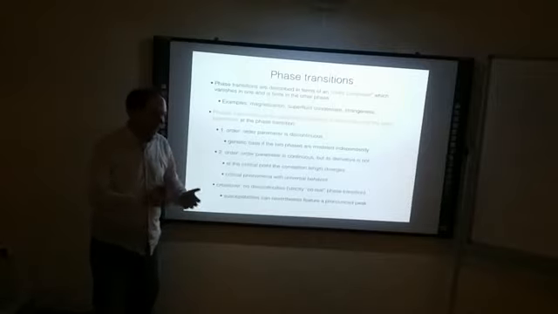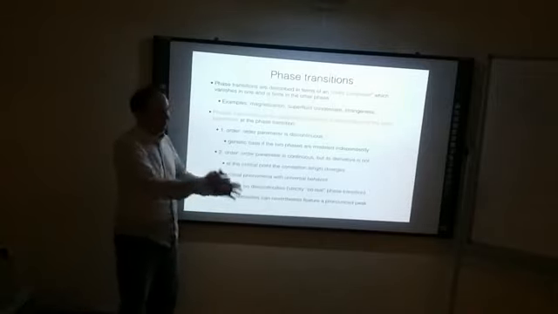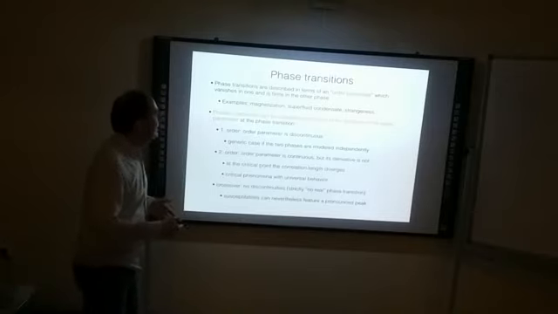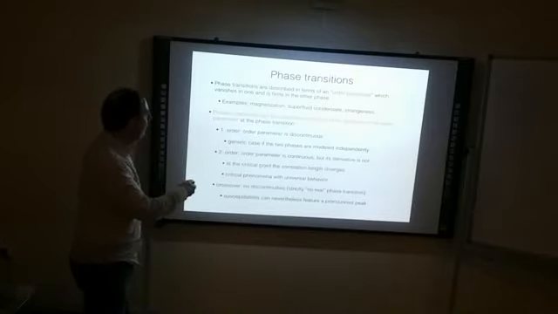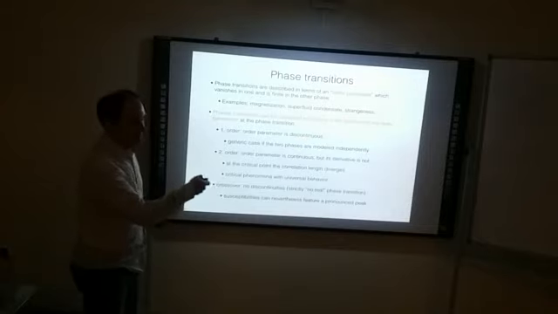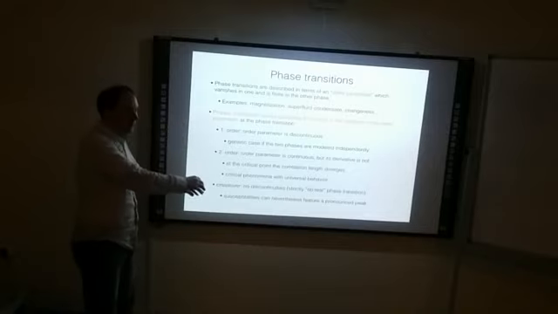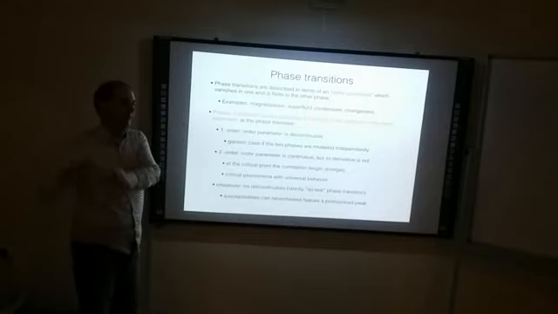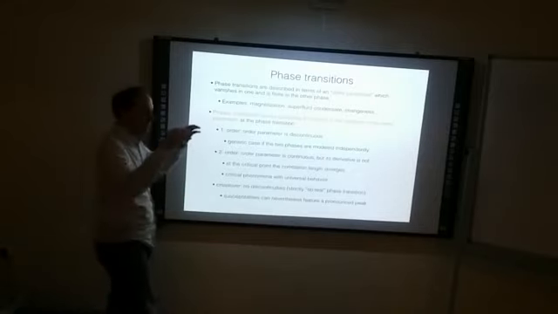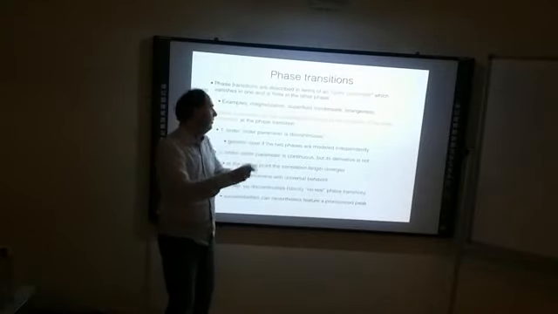A phase transition is basically going from a solid phase to a liquid phase. If you remember your thermodynamics courses, this is described by something called an order parameter. It's just a quantity that has a certain value in one phase and a very different value in another phase. So basically something that allows you to distinguish these two different phases.